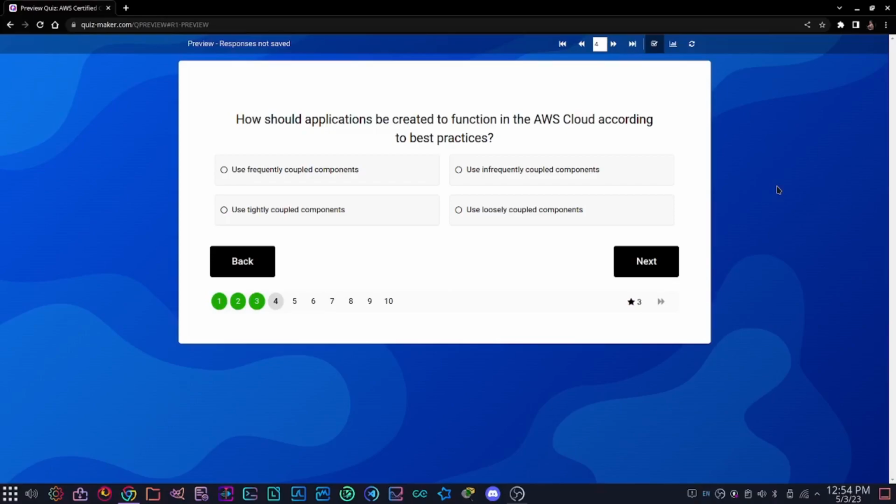So what you're going to want to do in this situation is use loosely coupled components, because you want the things that you're using within your cloud architecture to operate as independently as possible. So if one thing fails, then the other doesn't, or multiple don't at the same time. So you're going to want to use loosely coupled components.